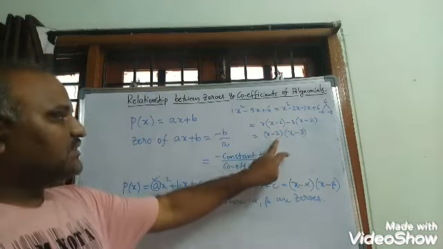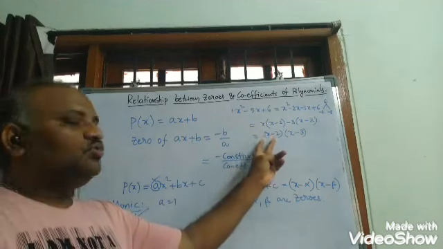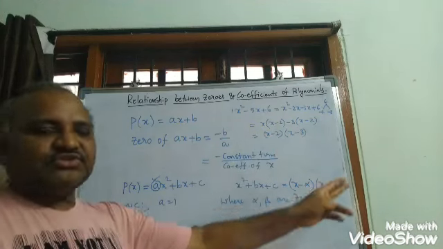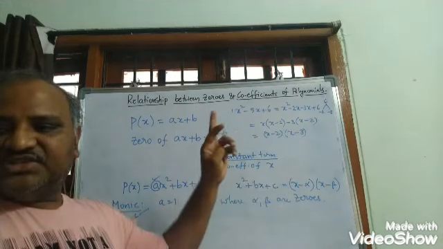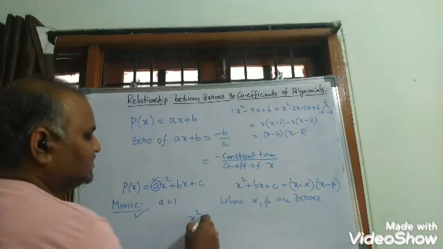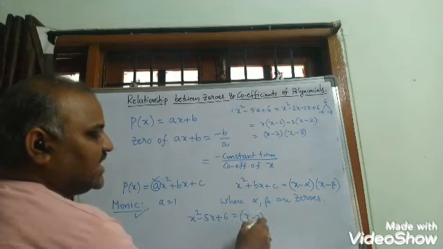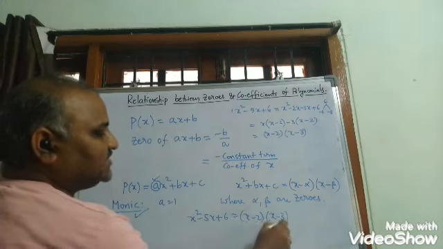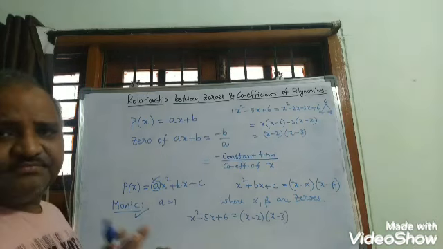Now this product will be equated to 0 to get each of the zeros. That means 2 and 3 are the zeros of the polynomial. So x square minus 5x plus 6 can be expressed as x minus 2 into x minus 3.